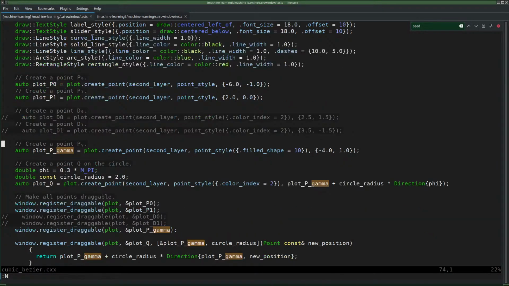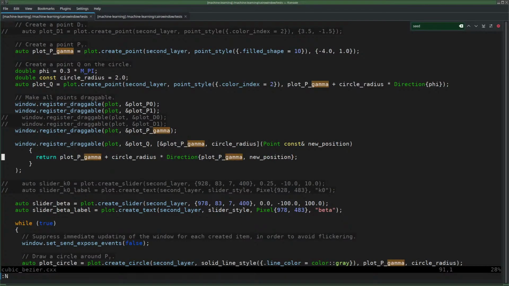And I have to make it draggable, of course. It's just this one.